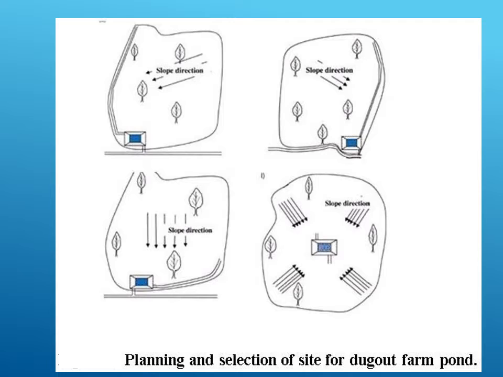So you have to select the site of the pond in such a way that water from all parts of the catchment should come towards the site of your pond. So this is the best location for selecting the pond.